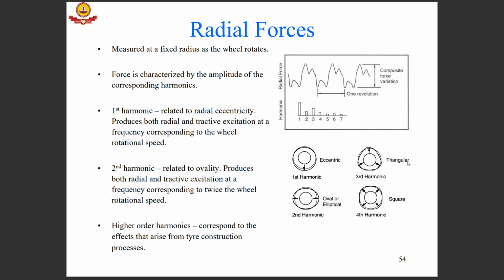First harmonic is related to radial eccentricity, second one is related to ovality, and third corresponds to triplicity and higher order harmonics. The higher order harmonics correspond to the effect coming from tire construction processes.